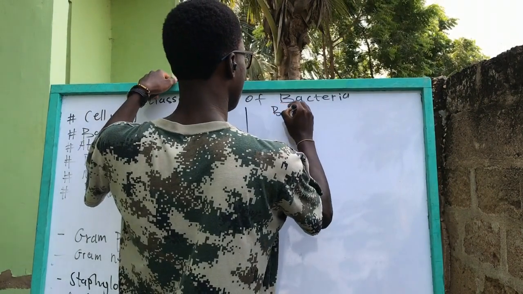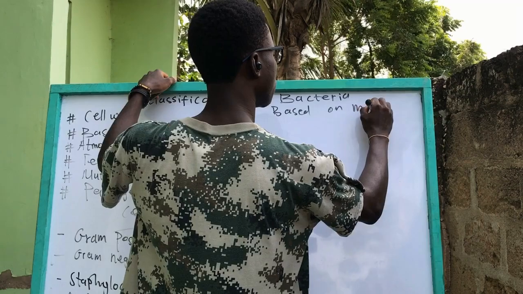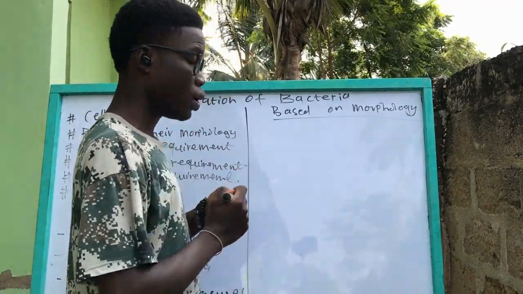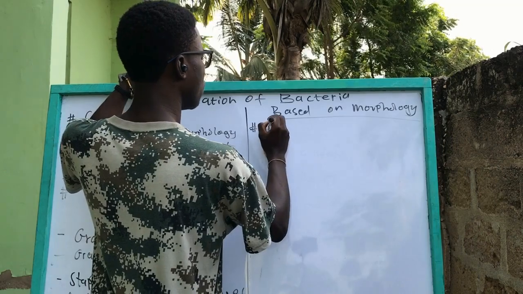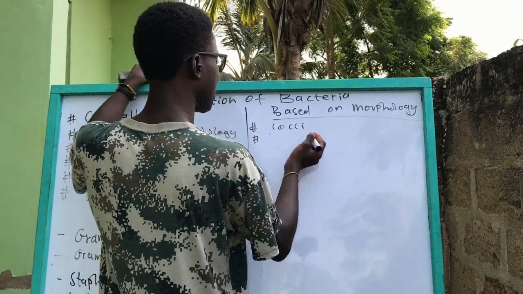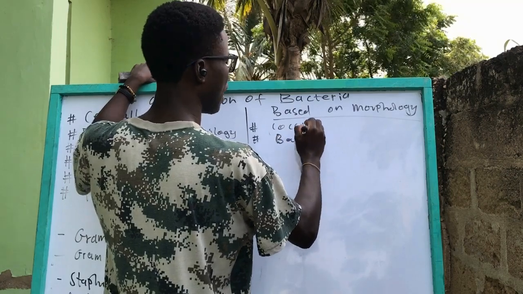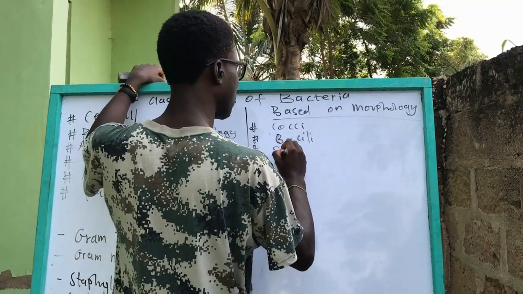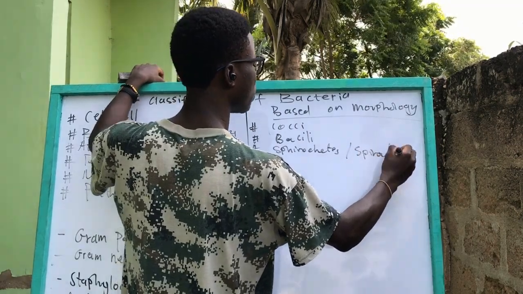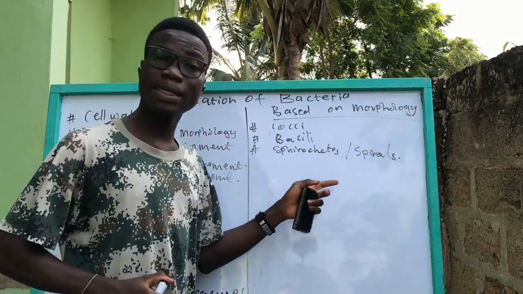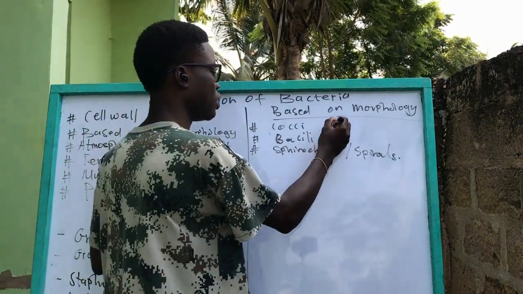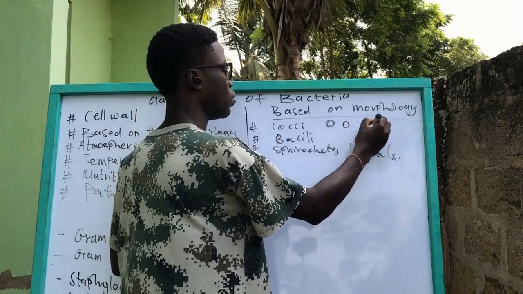So based on morphology, we can classify bacteria into cocci, bacilli, and spirals.